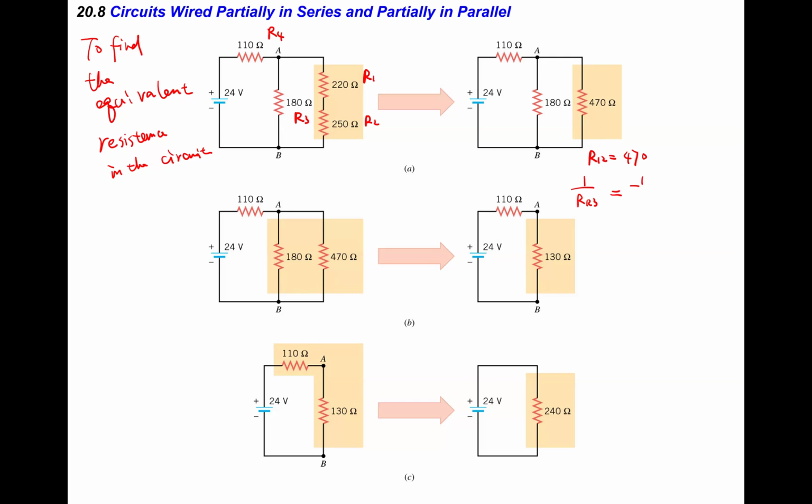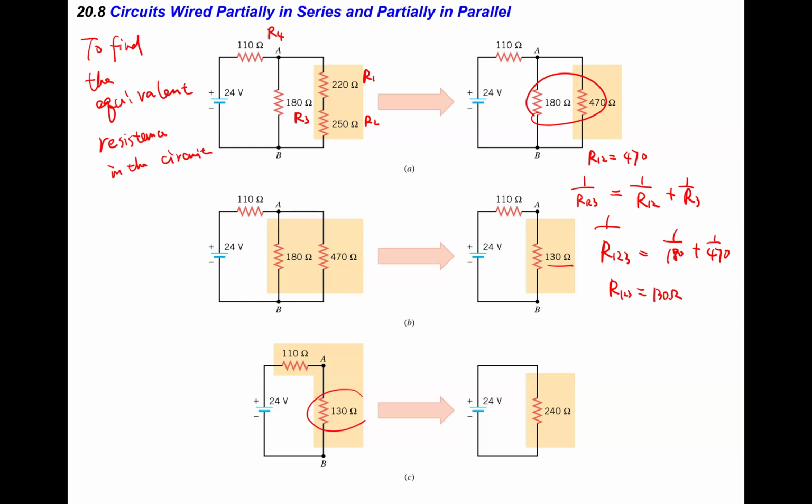Then it's 1 over R1,2 plus 1 over R3. These three together, it's 1 over 180 plus 1 over 470. Do it in your calculator, R123 is 130 ohm.